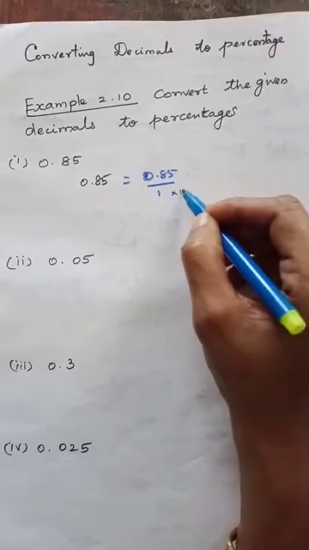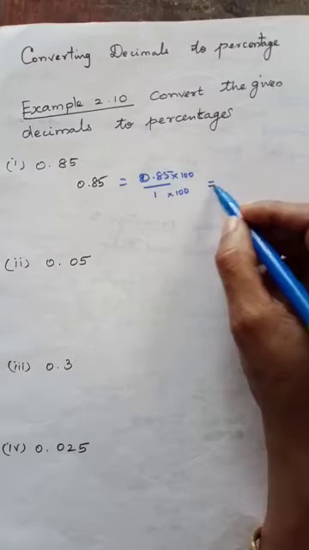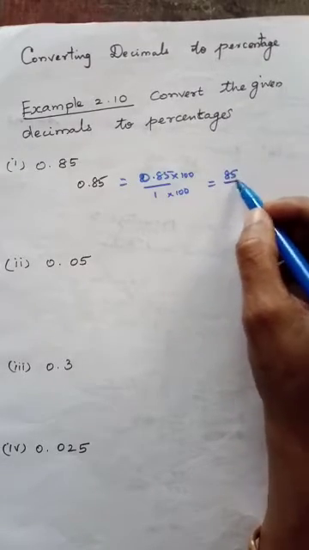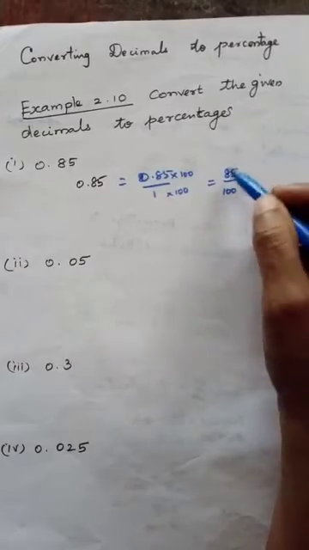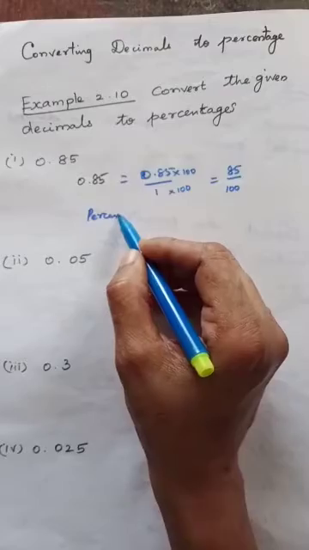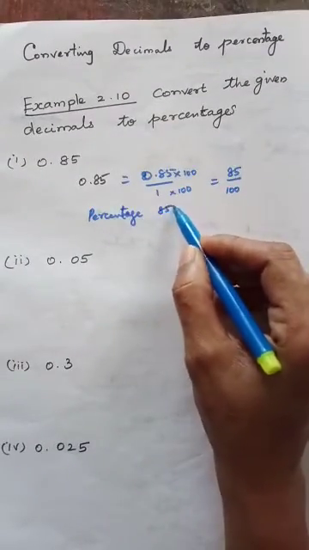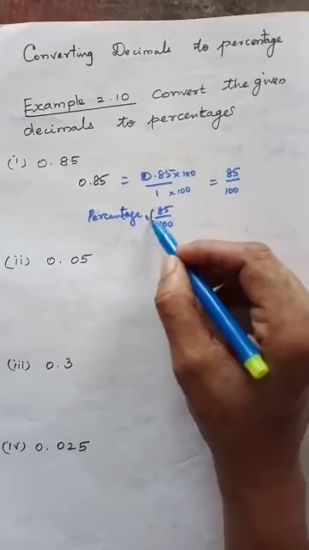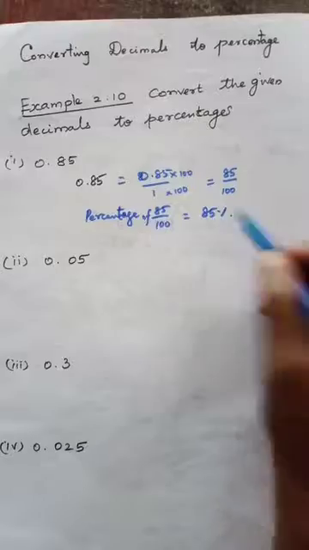You have to multiply by 100. Then it will come as 85 by 100. This is the fraction. Now we can write this as percentage. Percentage of 85 by 100 is equal to 85%.